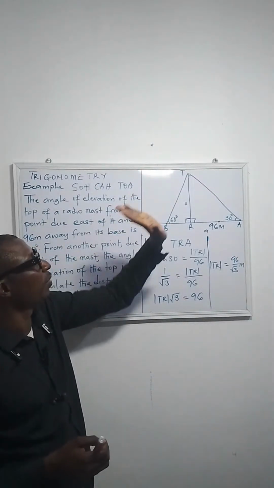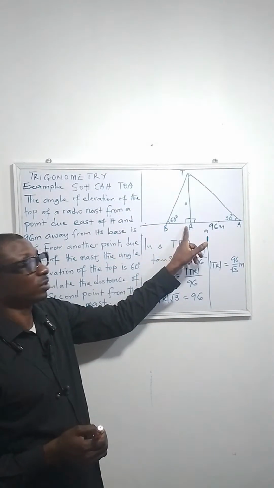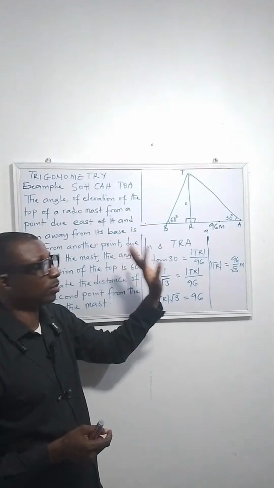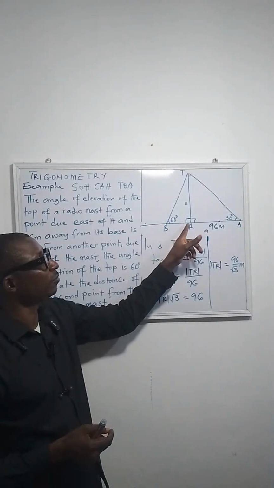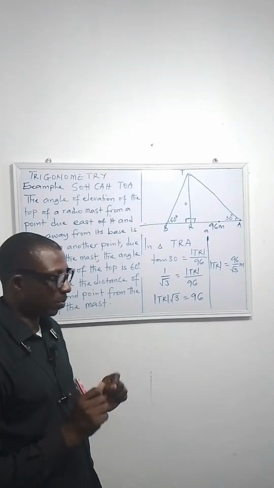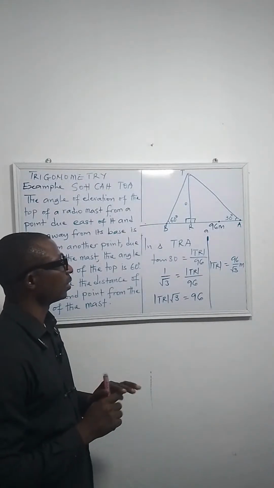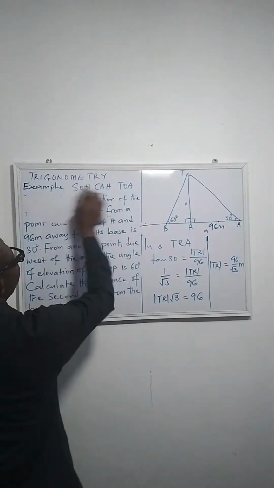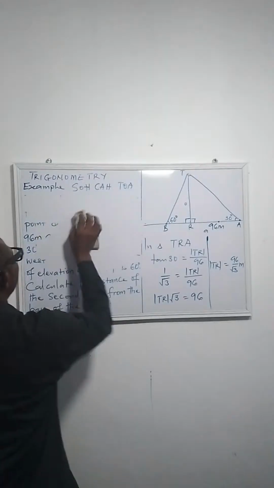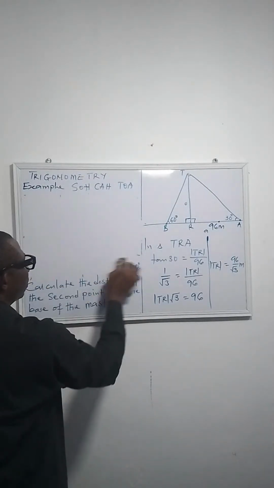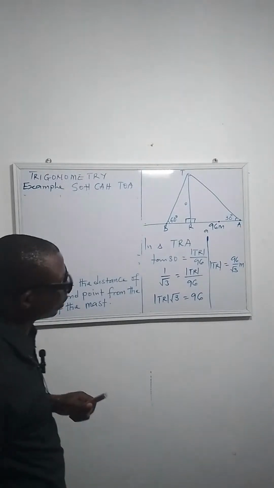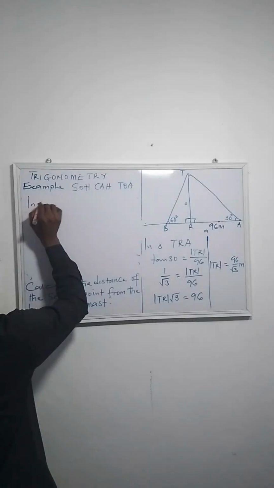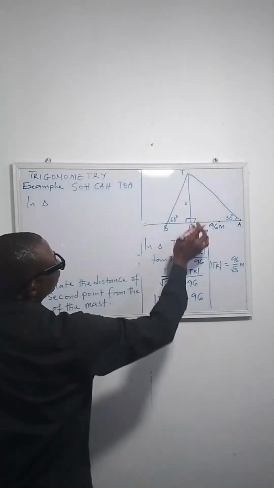The next thing now is to get this distance, because this is what the question required from us. We want to get the distance between the second point and the foot of the radio mast. So how do we do that? Let's look at this triangle, triangle TRB.